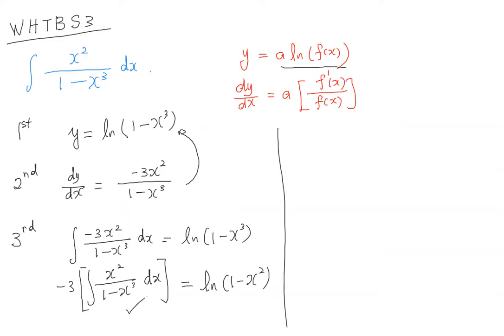So I make a conclusion. Therefore, the integral of x squared over 1 minus x cubed dx is equal to negative 1/3 ln modulus 1 minus x cubed, then plus c. You see? So I don't need people to tell me the method to use.